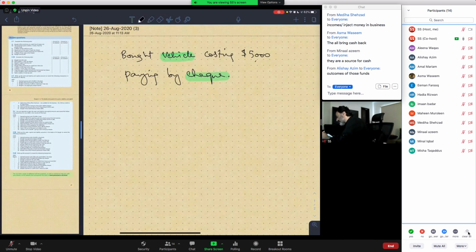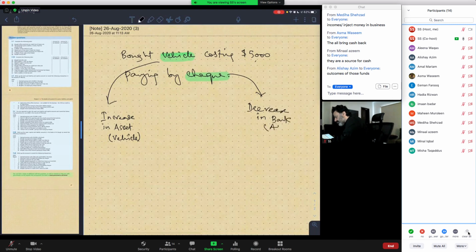Okay. So basically what is happening, our thought process should go like this. What is happening here, that vehicle is increasing, right? Increase in the asset called vehicle. And what is the other effect here? The bank, a decrease in the bank asset, which is also an asset by nature, right?